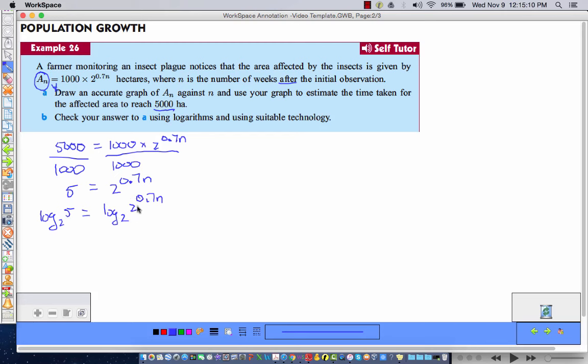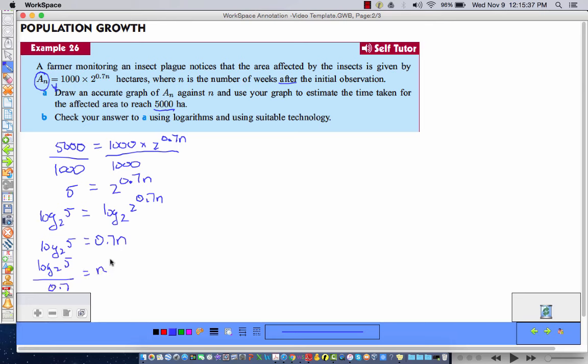Log base 2 of 2, where the base is the same as the argument, is always equal to the exponent. So log base 2 of 5 is equal to 0.7n, and log base 2 of 5 over 0.7 is equal to n.